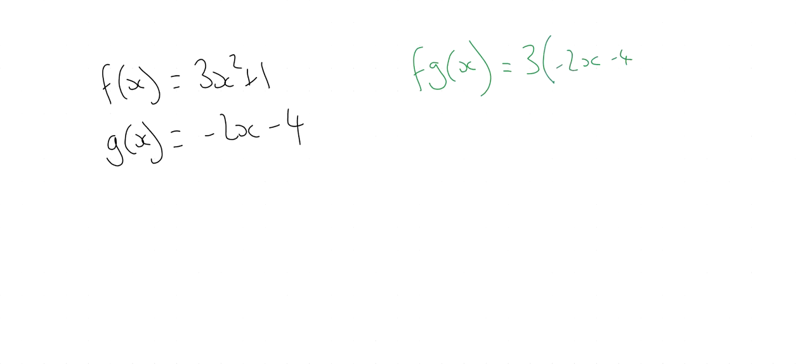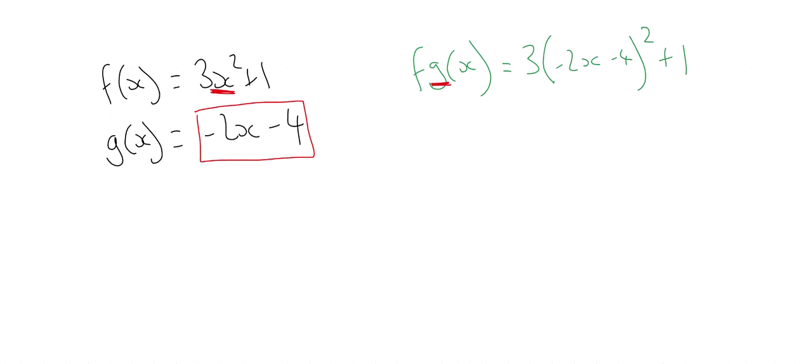And then there's a squared, and then there's a +1. So let me color code it for you. Instead of the x, I have put in all of g, right? So it's 3 times all of g squared +1.